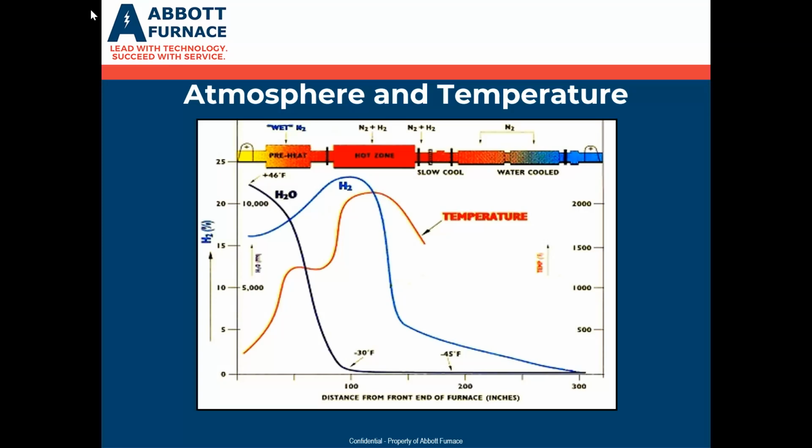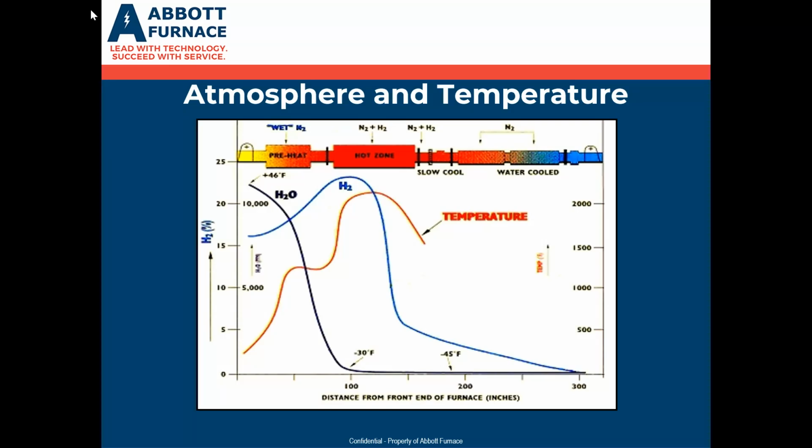So the red line on the graph signifies the temperature. And as we're in the preheat box and the temperature is increasing, you can see the black line is measuring the dew point, the measurement of water in the atmosphere.